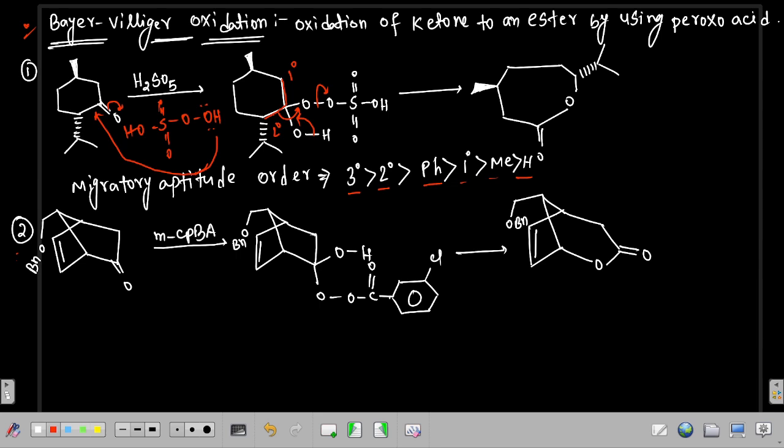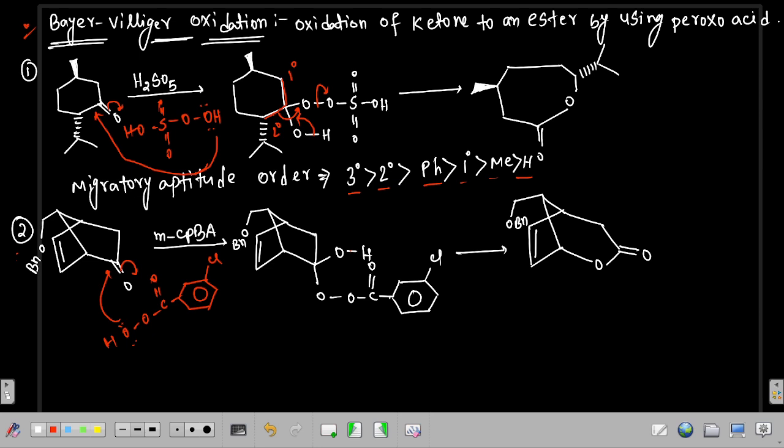In presence of MCPBA, now we are doing the reaction in presence of MCPBA, that is metachloroperbenzoic acid. Okay, the oxygen has a lone pair, it will attack on the ketone and this bond will break, and it leads to the formation of this intermediate.